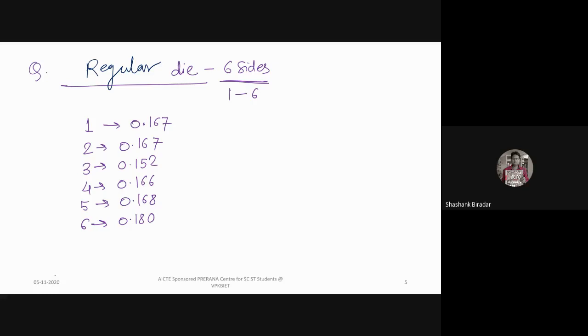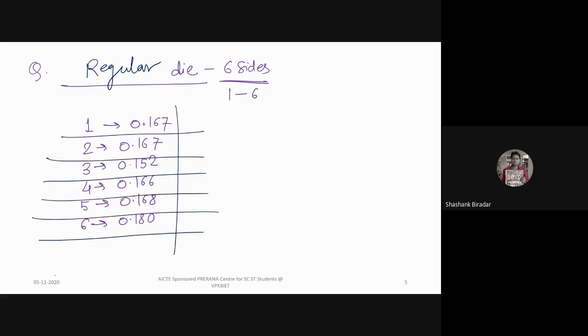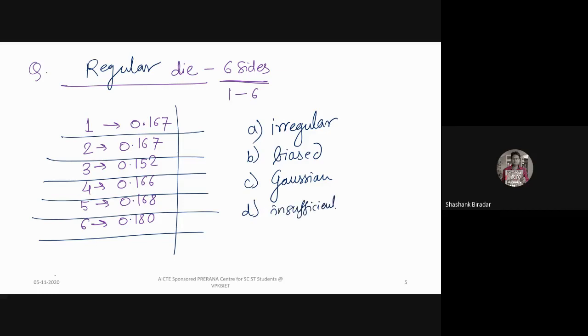If a very large number of throws show the following frequencies of occurrence for 1, 2, 3, 4, 5, and 6 in this way, you have to decide whether the die is irregular, biased, Gaussian, or insufficient.